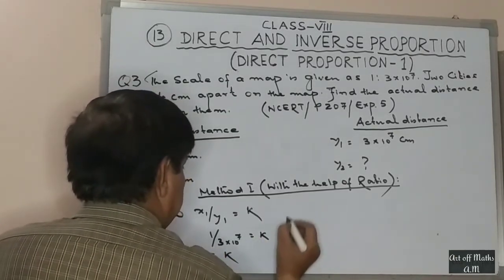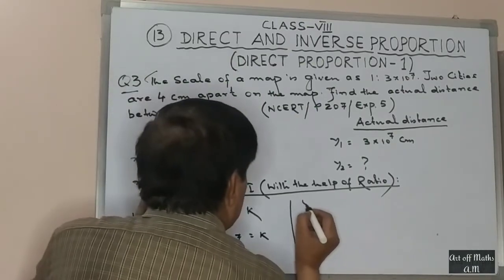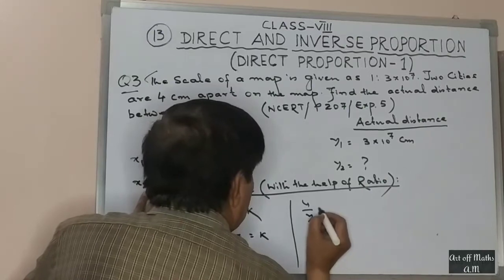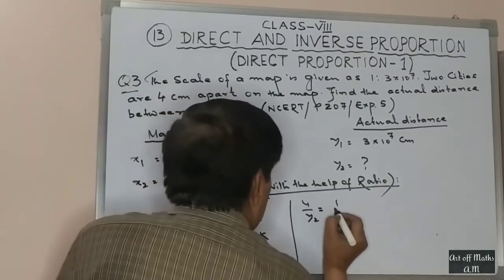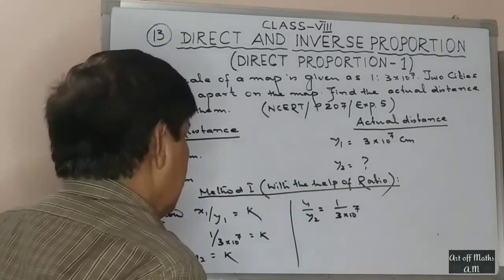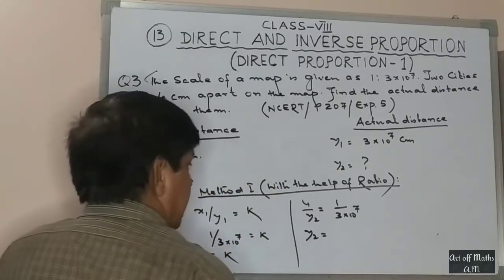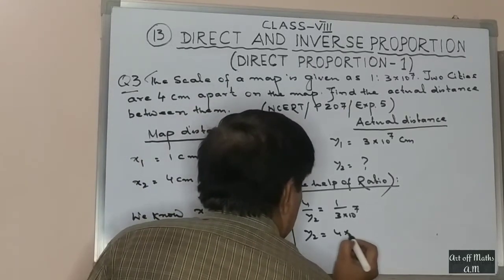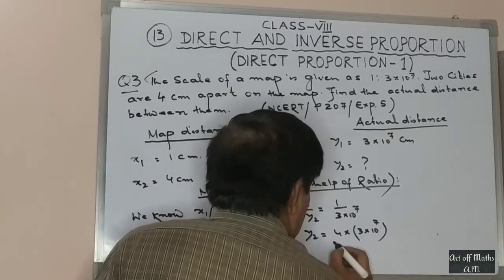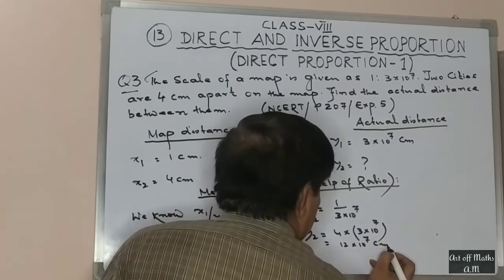Now x2 is 4 centimeter divided by y2 equal to k, 1 by 3 into 10 to the power 7. y2 would be 4 into 3 into 10 to the power 7, equal to 12 into 10 to the power 7 centimeter.